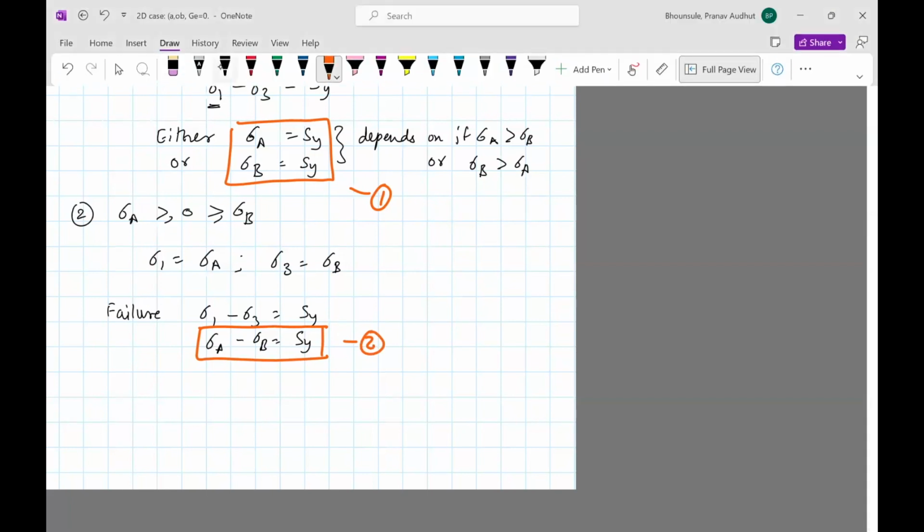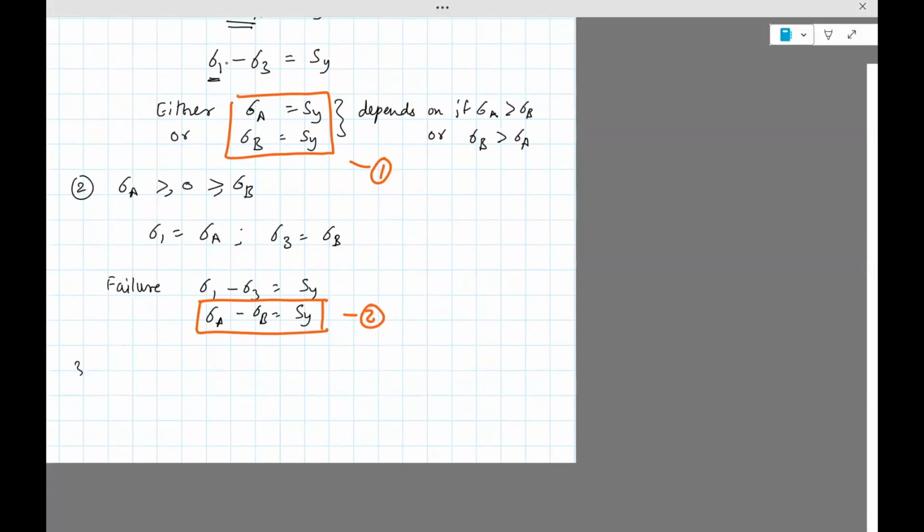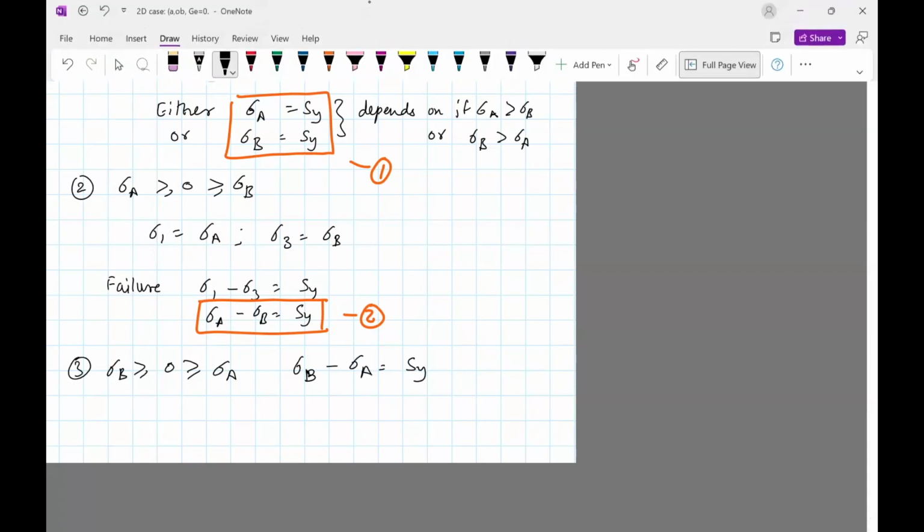You could also get a case where sigma B is greater than 0, is greater than sigma A. This is just going to switch the values of sigma A and sigma B. It's very similar to case 2. We'll have sigma B minus sigma A equals sy.